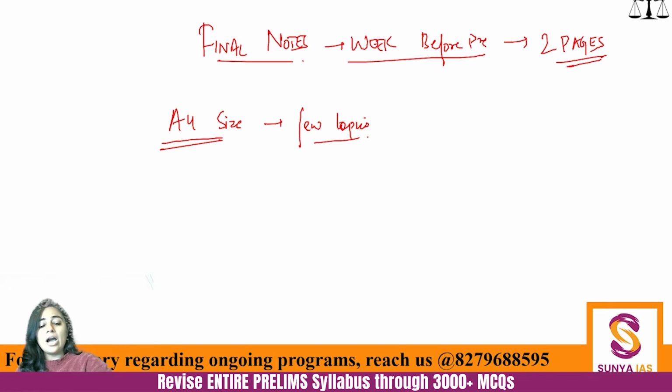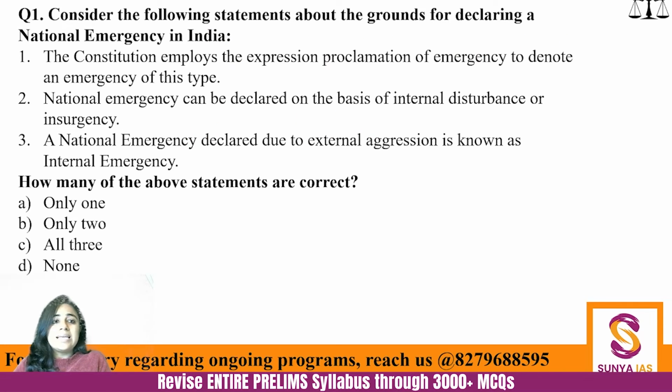And how are you supposed to attempt it? You are supposed to pause the video, think about the answer, and only then play the video and see the explanation. Be true to yourself. Chalo. Let's see the first question. Consider the following statements about the grounds for declaring a national emergency in India.